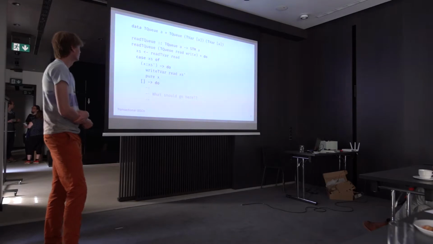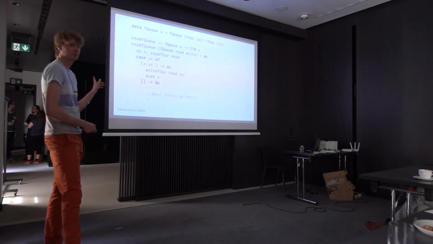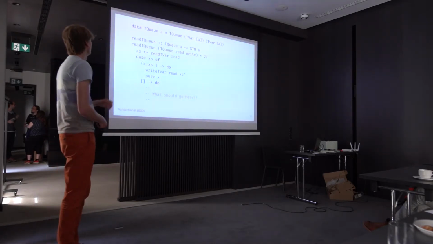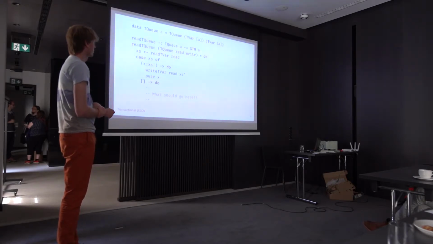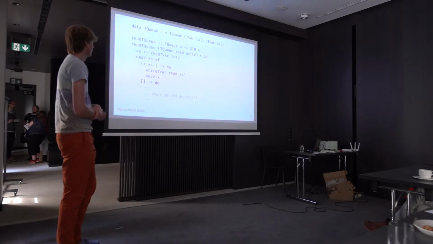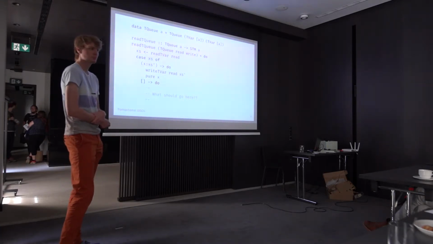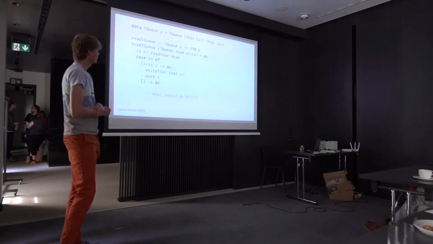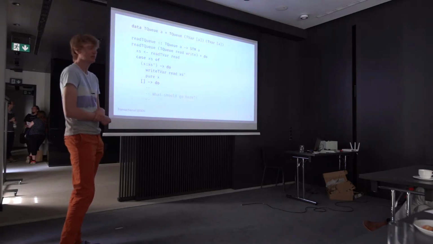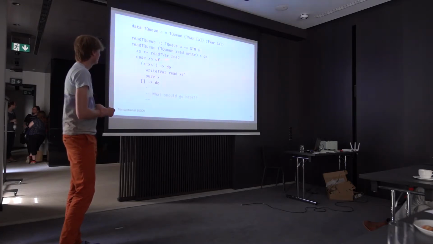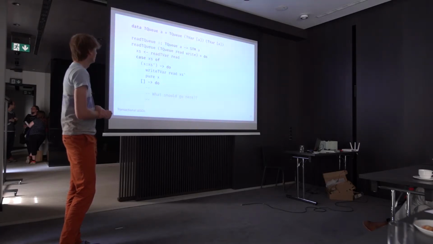Reading from a TQueue. Is the font size okay? Okay. Here we need the read and the write ends. In this case, we first, and the reason we do this will become clear in a second, read the read end, which again has type TVar list of a's.